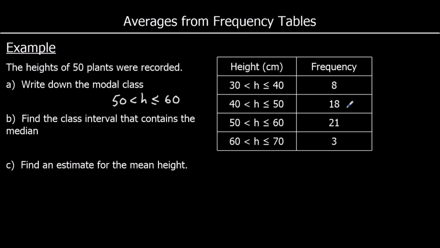That takes us up to 26 plants. So we were looking for the 25th and 26th plant. So they're both in the 40 to 50 range. So that is the class interval that contains the median. The median is in between 40 and 50 centimeters.